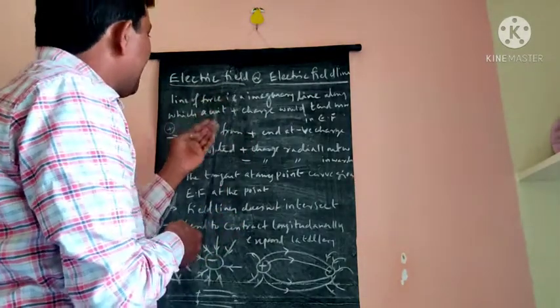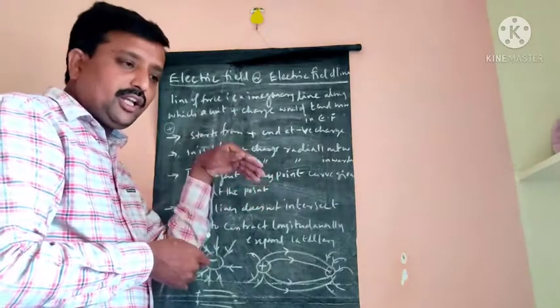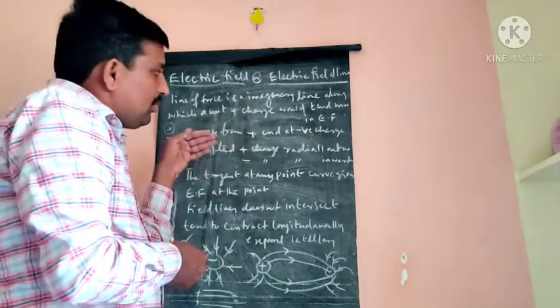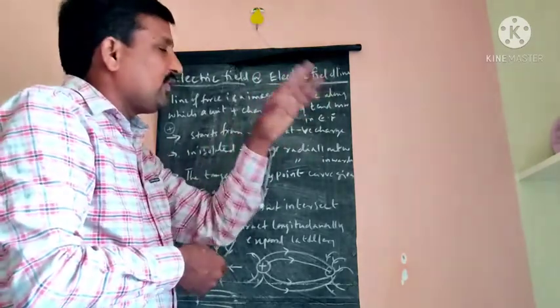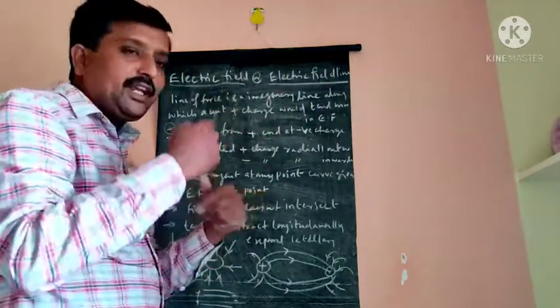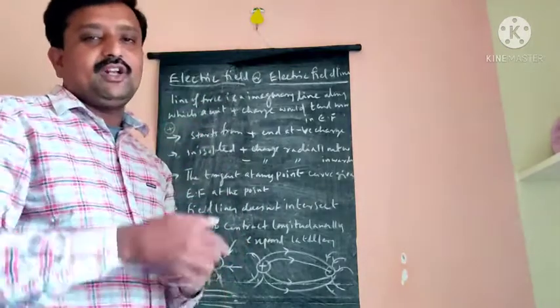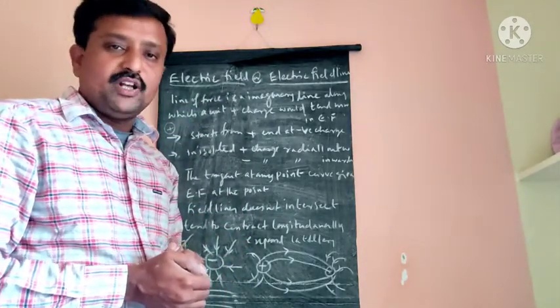It shows the path of the positive test charge in the electric field. So the electric field lines indicate the direction of the electric field.